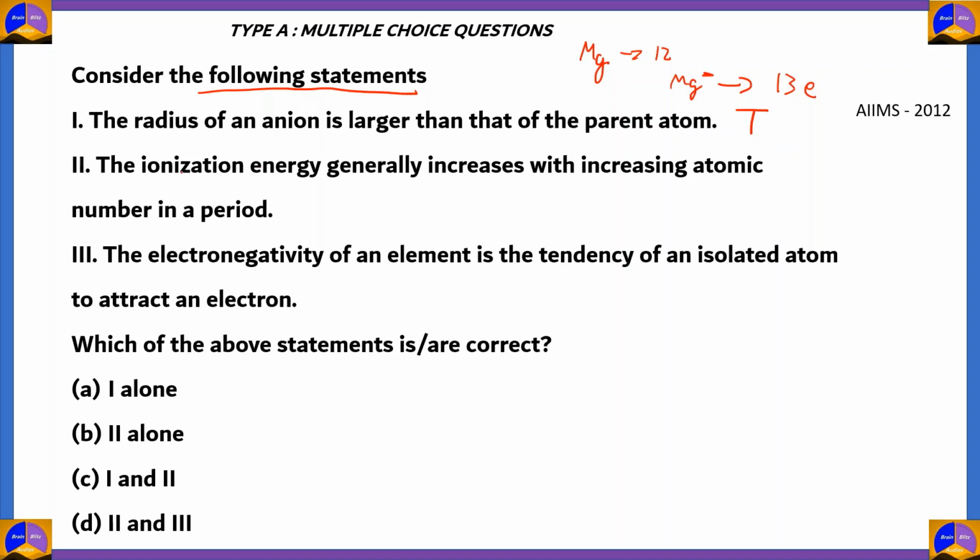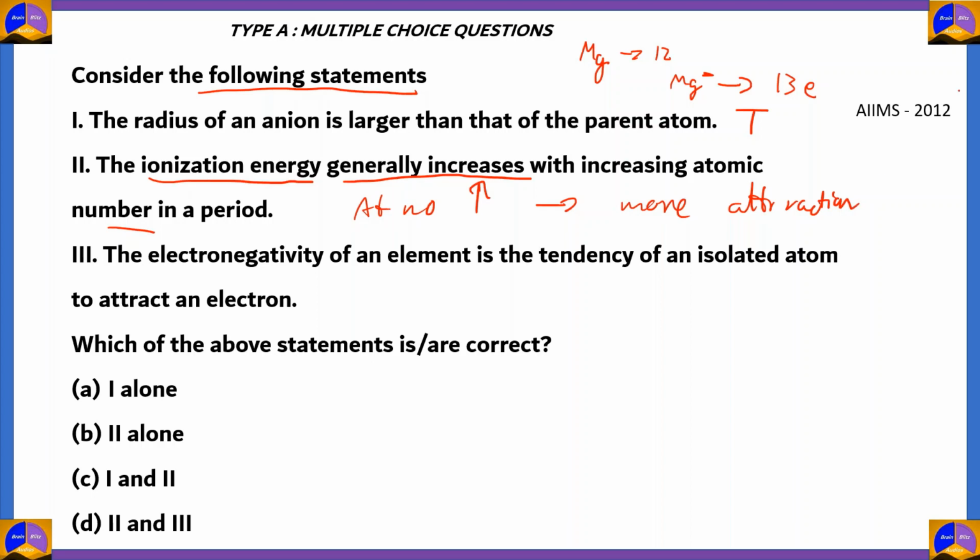What about statement 2? The ionization energy generally increases with increasing atomic number in a period. As the atomic number increases, the charge on the nucleus increases, so that means we'll have more attraction.